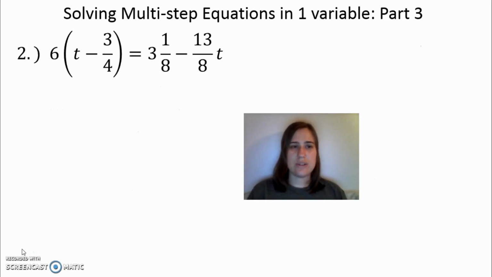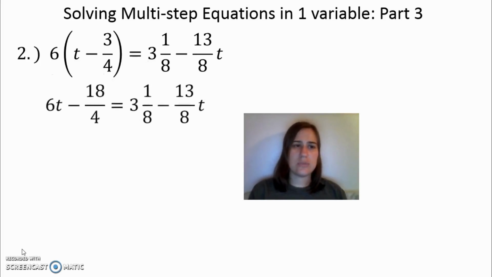So here's our second one. It has a distributive property in it. We did distributive property in part 2 of the solving multi-step equations in one variable. We have to do the distributive property part first before we can multiply out or cancel anything else. No fraction killers until we get rid of the parentheses. So we're going to multiply 6 times t, and that's 6t.